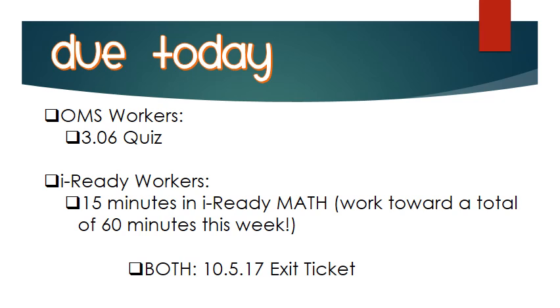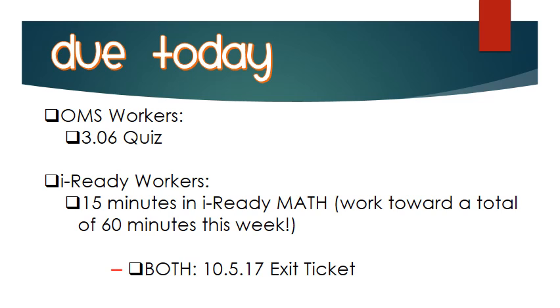All right, just a reminder of what's due today. OMS workers, that 3.06 quiz. iReady workers, finish out your 60 minutes for the week. Remember that everybody can get 5 points of extra credit by doing an extra 30 minutes in iReady. So OMS workers, iReady workers, asynchronous students, 30 minutes extra of iReady will give you 5 points of extra credit.